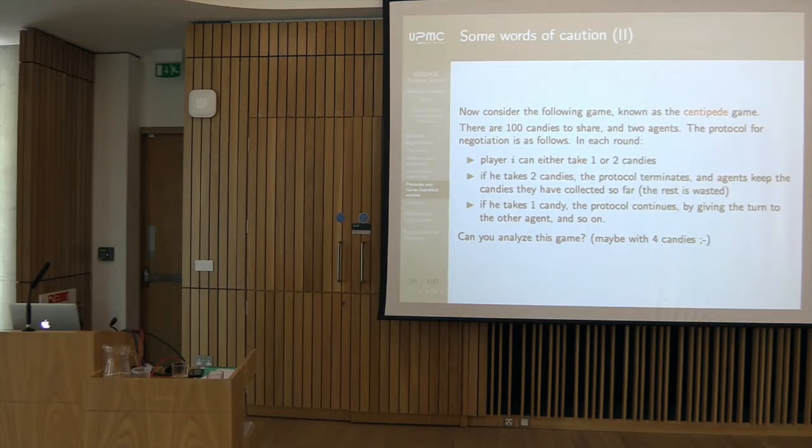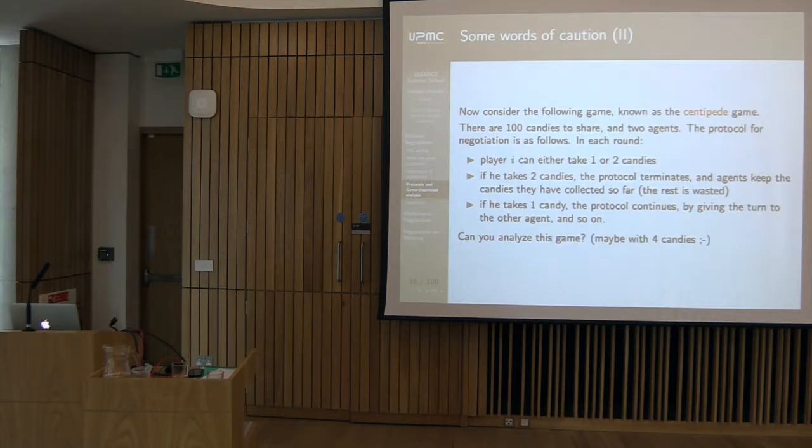This is the choice point for agent 1. Can take 2, or 1 candy. If I take 2, utility is I have 2, and the protocol is terminated, so utility of the other one would be 0. If I take 1 candy, then it will be a choice point for agent B. If agent B takes 2, the protocol is terminated, gives me 1 because I have taken 1, and 2 for agent 2.